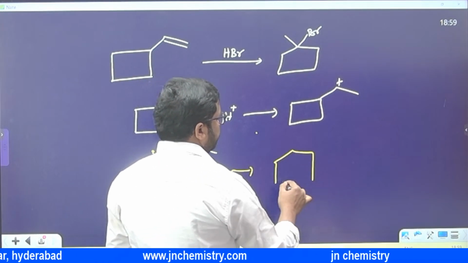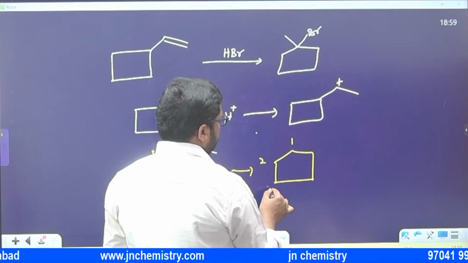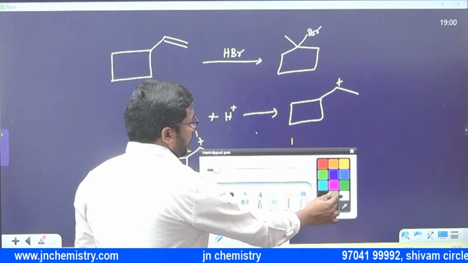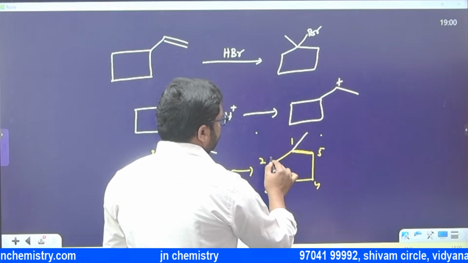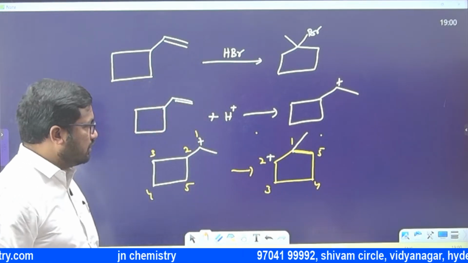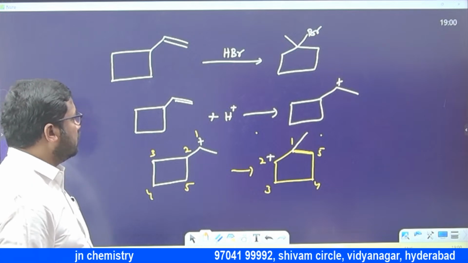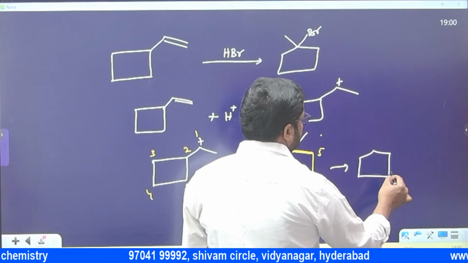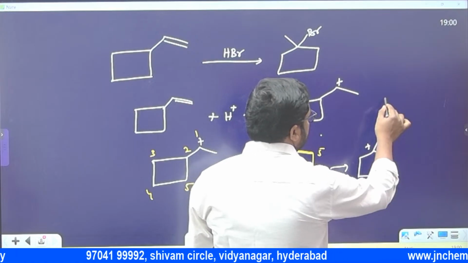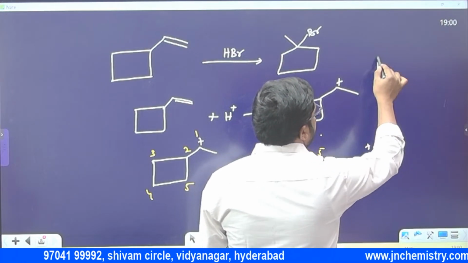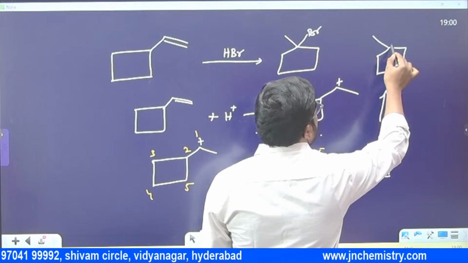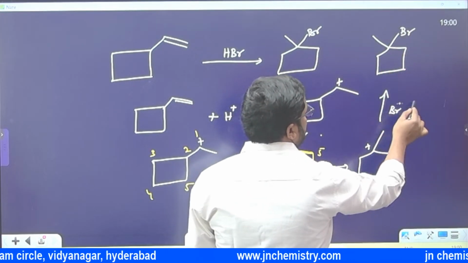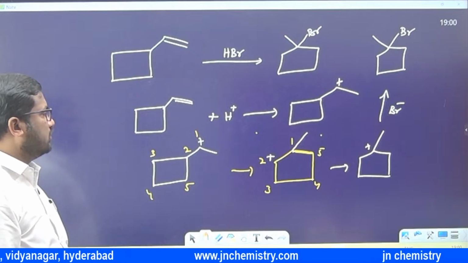So directly write the 5-membered ring 1, 2, 3, 4, 5. The new bond is formed between 1 and 5. At the first position the methyl group is there, at the second position the carbocation, right? Simply, rearrangement by hydride shift takes place to get the stable carbocation. Then Br minus attacks, and we get the product. Write it down.